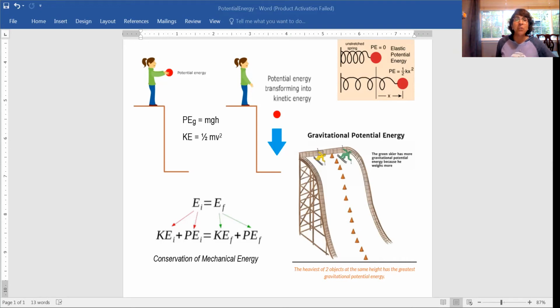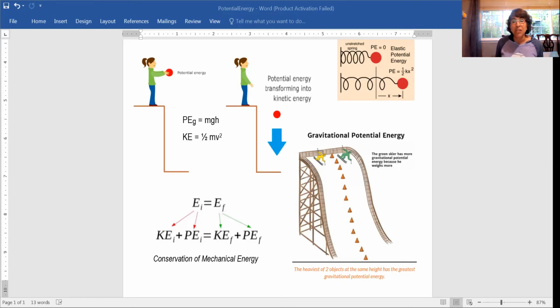So the same elephant is up a little bit higher. So this elephant has more gravitational potential energy because it's on higher ground. So why is that? Because the definition of gravitational potential energy is mass times acceleration due to gravity times the height.